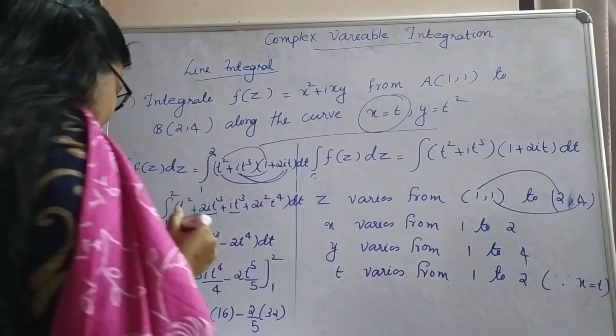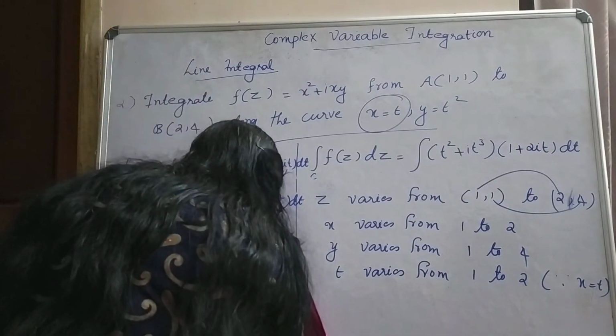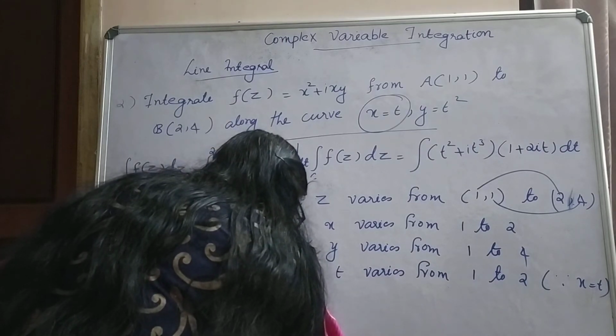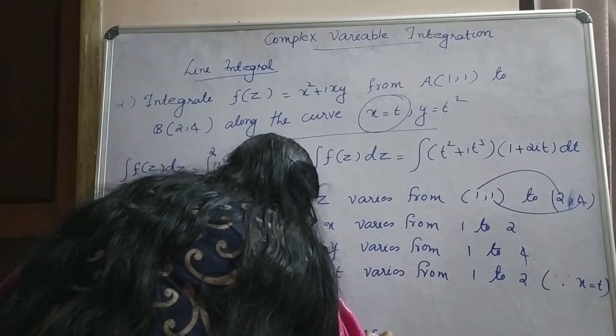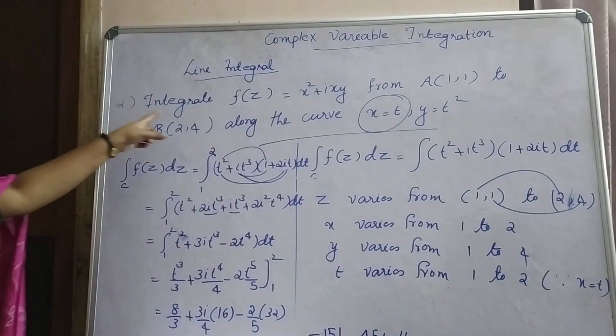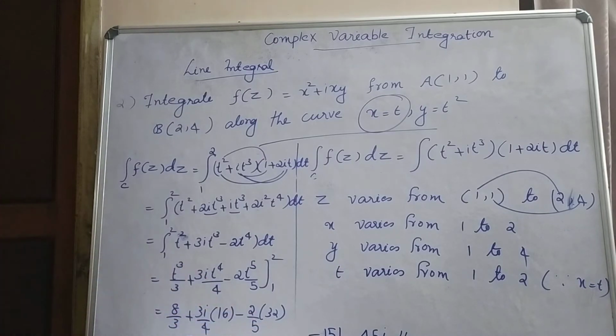Here we get the answer as minus 151 by 15 plus 45i by 4, which is the answer of this question.